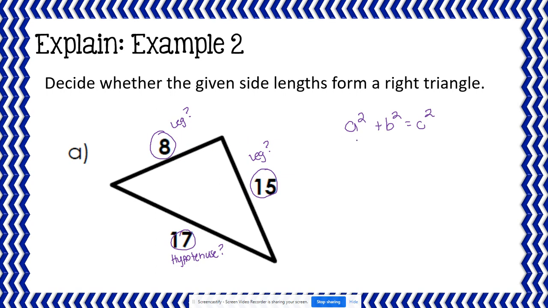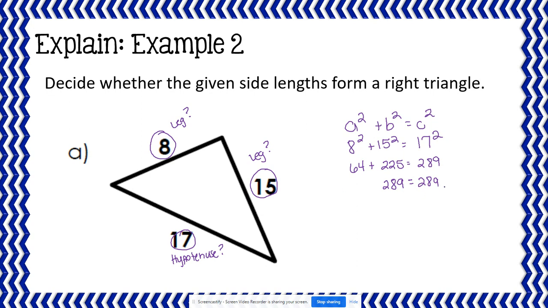So my legs are 8 and 15, and my hypotenuse would be 17. Well, 8 to the second power is 64, and 15 to the second power is 225. 17 to the second power is 289. When I add 64 plus 225, I get 289.